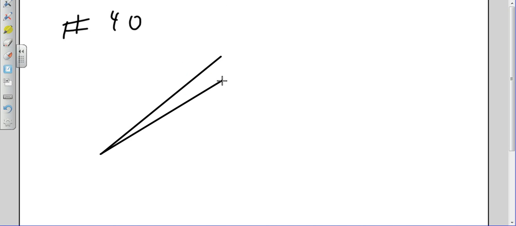Okay, now we're going to look at problem number 40, and we want to find the length of x. Okay, so I've got a triangle. It looks something like this. Okay, so I got a triangle that looks like that, and then I'm going to throw in some construction lines.